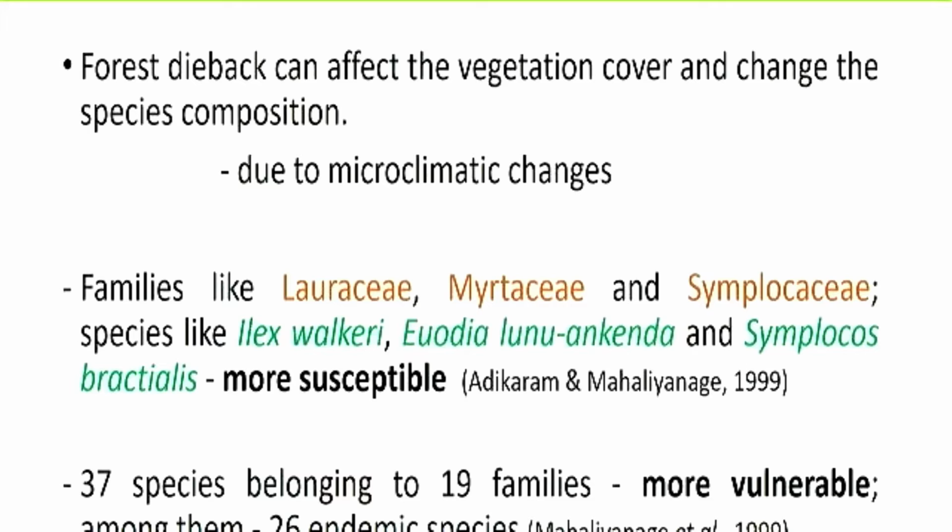Forest dieback can affect the vegetation cover and change the species composition of these mountain forests, because when crown dieback occurs, it opens up the canopy of the mountain forest. Then light can penetrate into the vegetation cover and it increases the temperature. You all know mountain forest can be found at higher elevation levels, and they have very low temperatures.